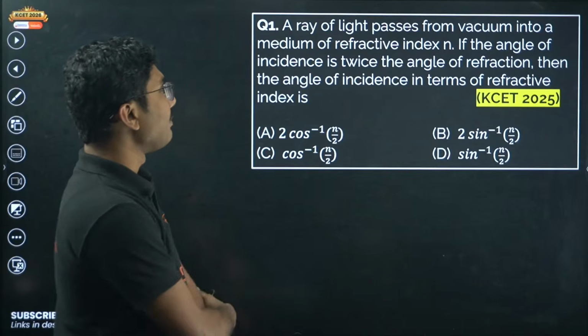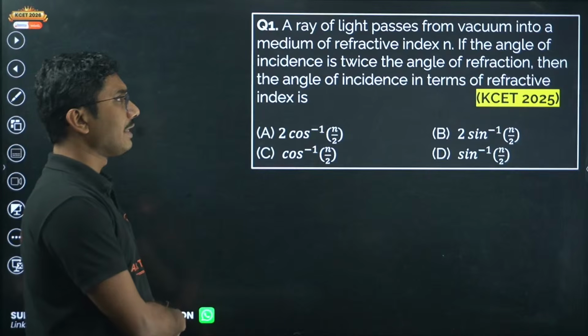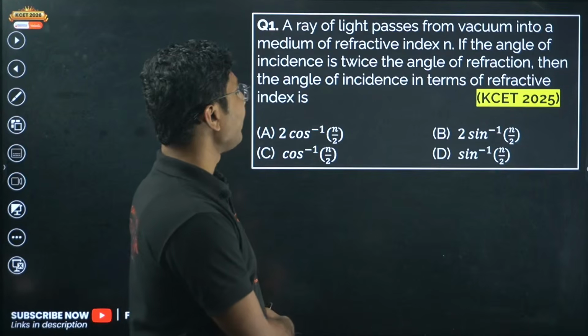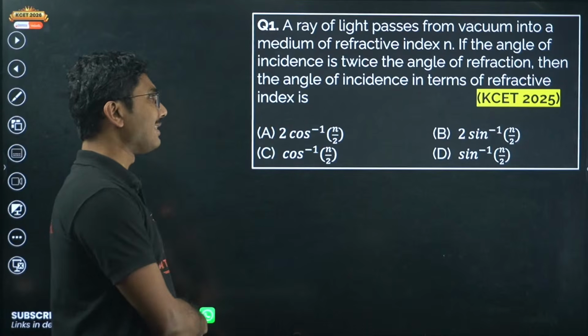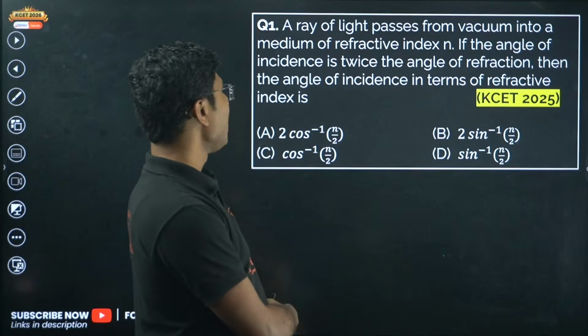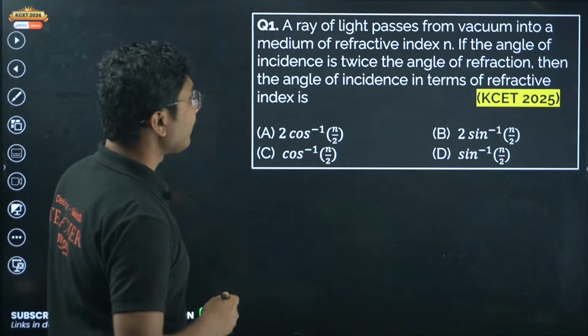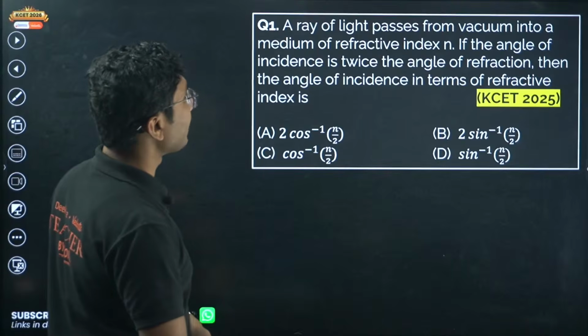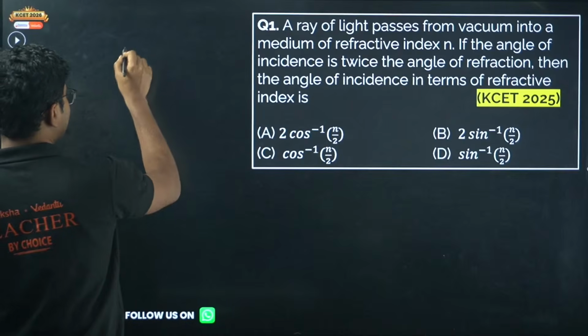A ray of light passes from vacuum into a medium of refractive index n. If the angle of incidence is twice the angle of refraction, then the angle of incidence in terms of refractive index is? So the ray was initially in vacuum.